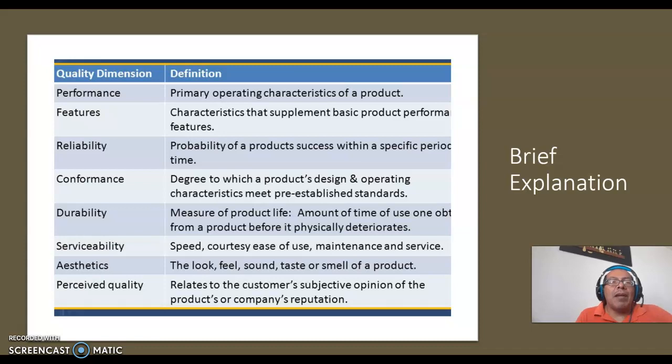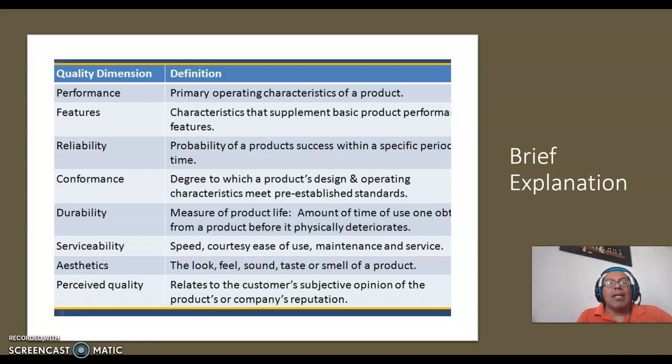Each of those dimensions has to be defined in order to understand it. For instance, performance. We can say that it is the primary operating characteristics of a product. For instance, a football, a soccer ball, is basically being round, spheric, and being used for the games.